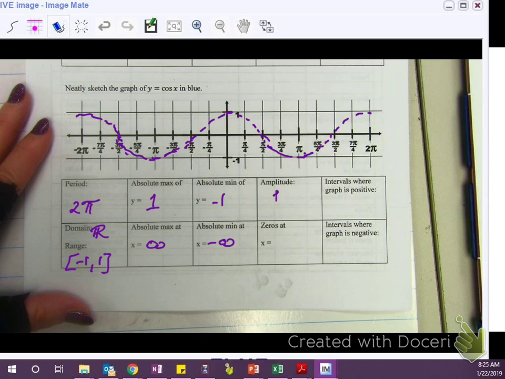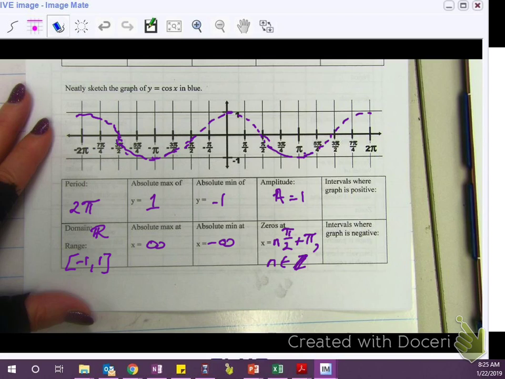The amplitude is still 1. Now the zeros are on a different pattern. The zeros are at n times pi over 2 plus pi, where n is an element of the integers.